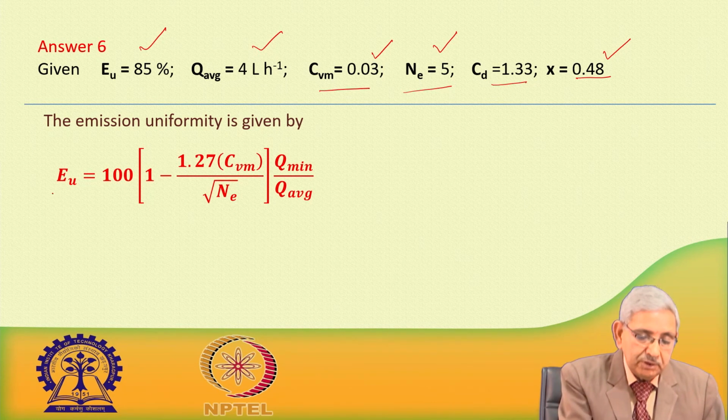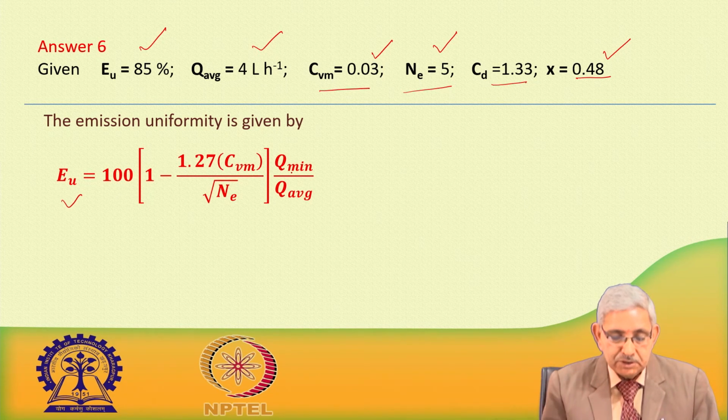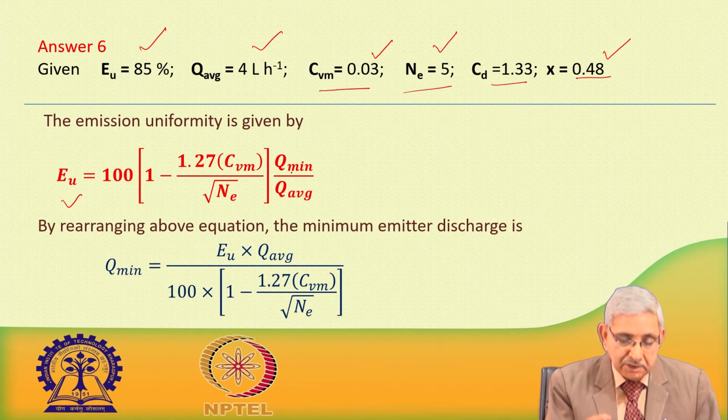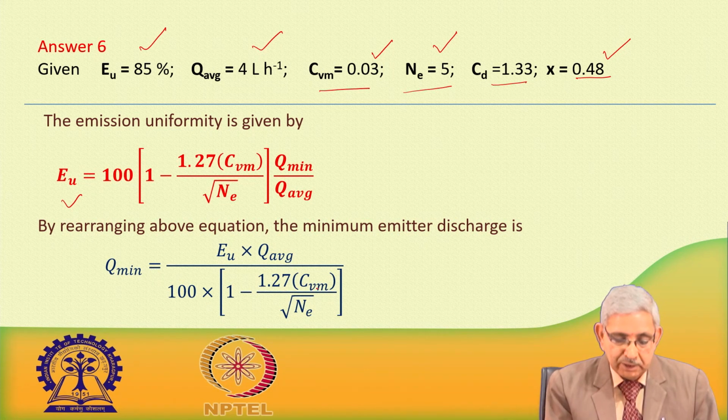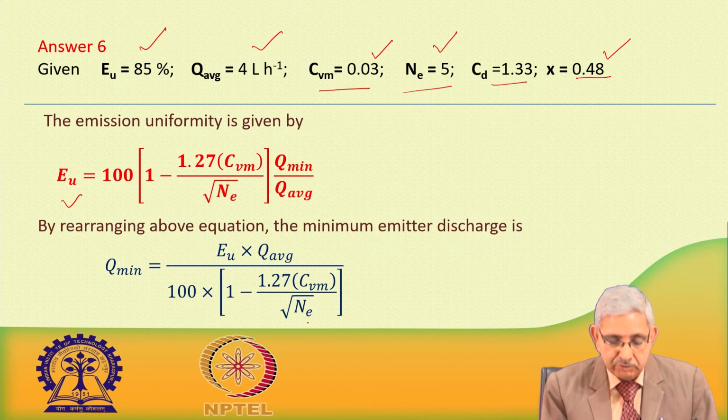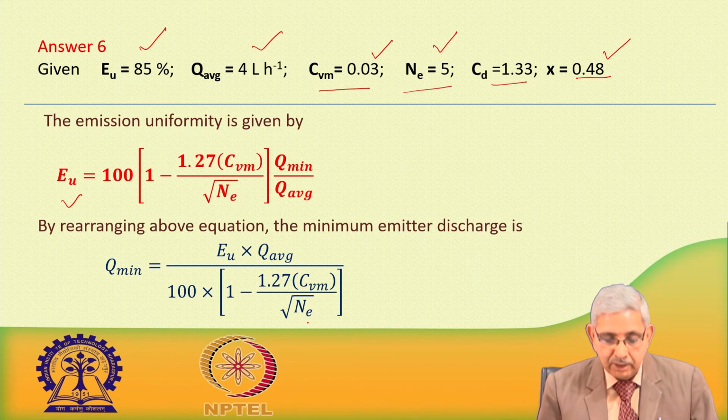The emission uniformity is given by this equation, and rearranging it, q min can be written as EU multiplied by q average divided by 100 into 1 minus 1.27 times the coefficient of manufacturing variation divided by square root of n e.